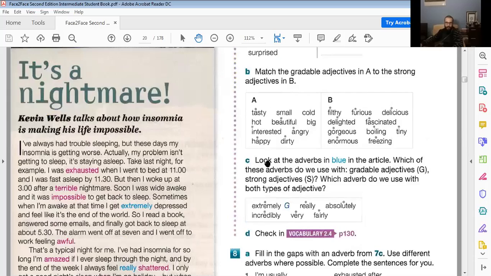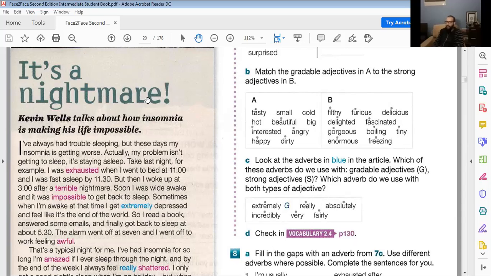It's a nightmare. Okay, when he says it's a nightmare, does he mean he's having a nightmare? What do you think he means when he says it's a nightmare? Who can guess? Maybe he is not sleeping well.